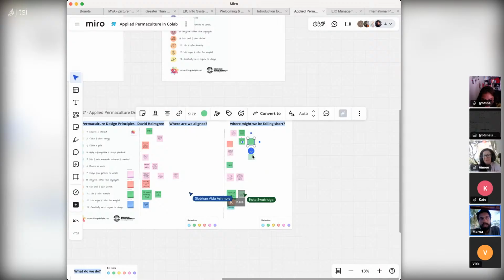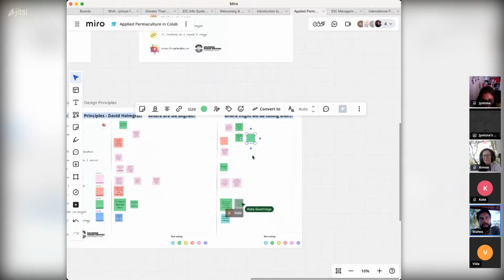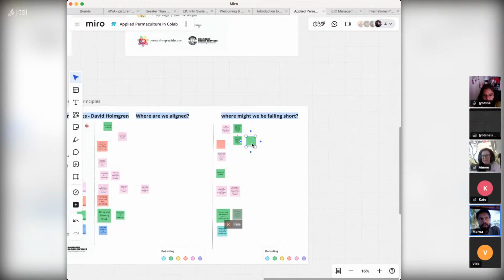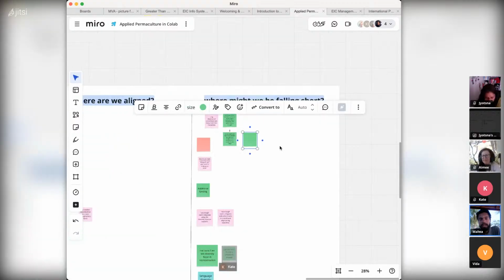So the more ideal situation is if the CoLab did have funds to be able to provide equitable wages to cover the cost of living for all of the members that are in the CoLab on a full-time basis.